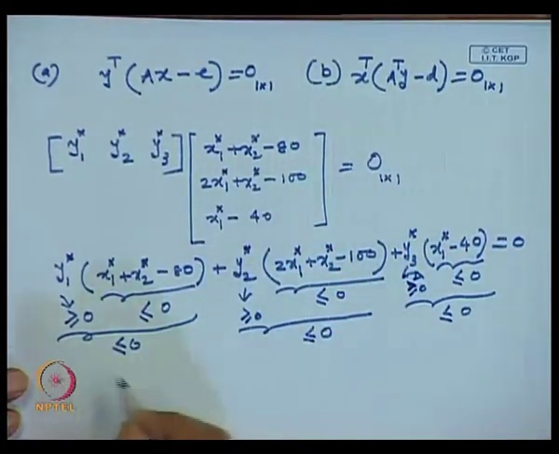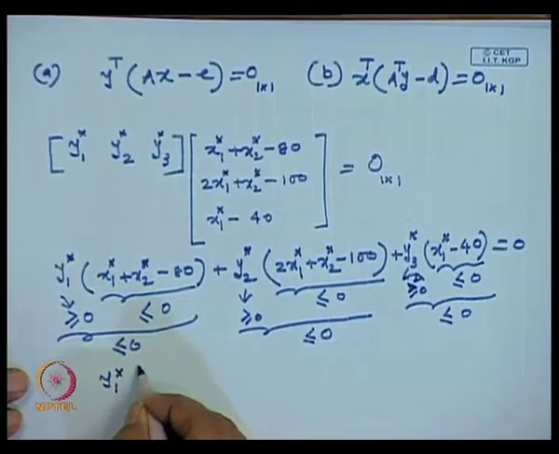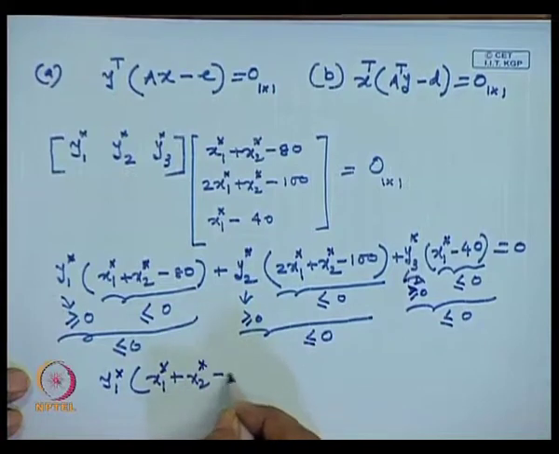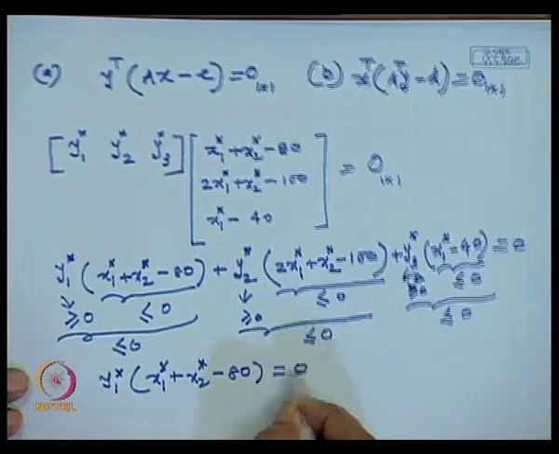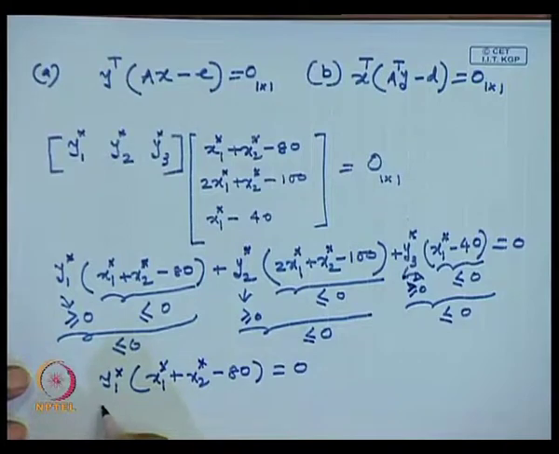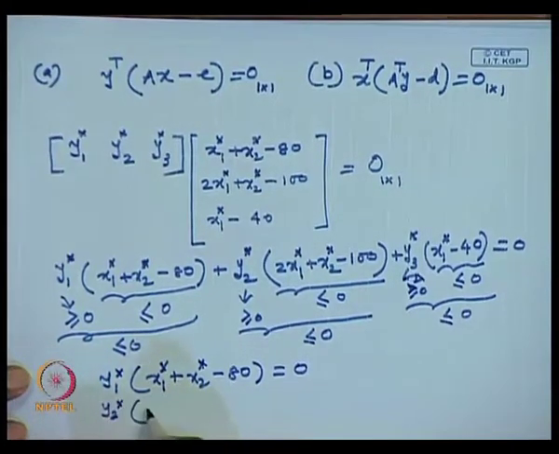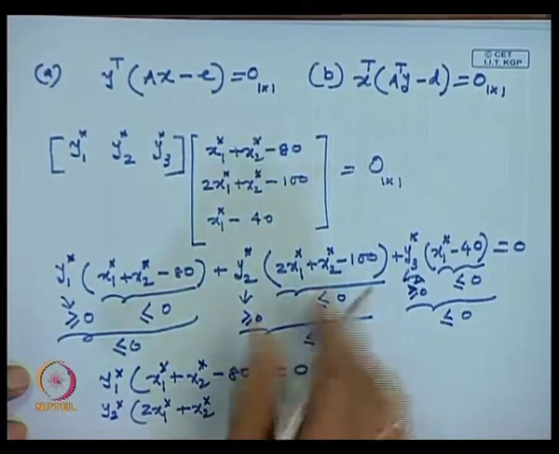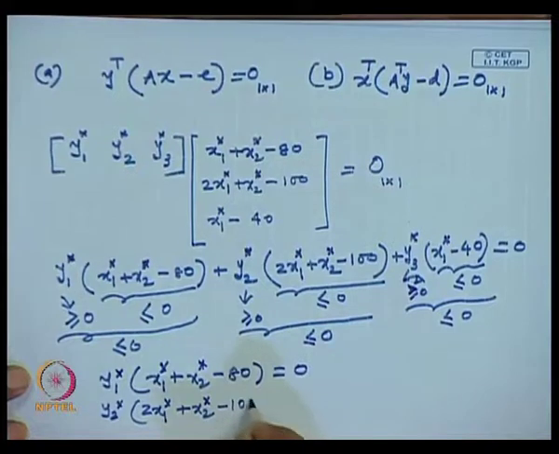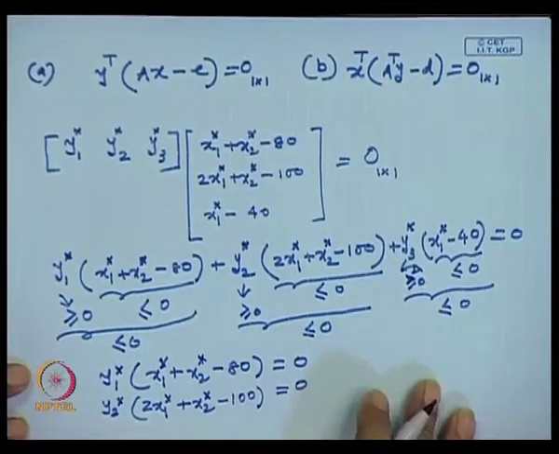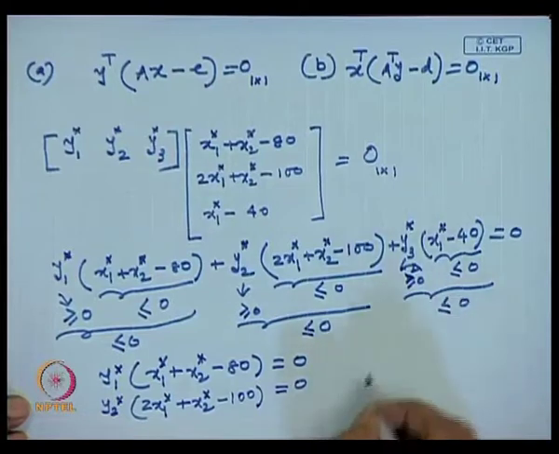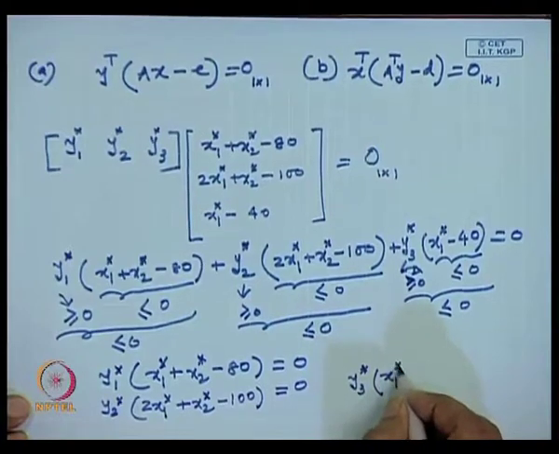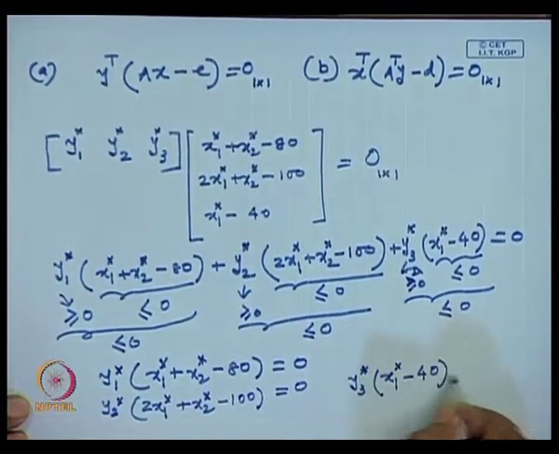So, I can write it, therefore, y 1 star into x 1 star plus x 2 star minus 80 is equal to 0, and then y 2 star into 2 x 1 star plus x 2 star minus 100 is equal to 0, and the last one is y 3 star into x 1 star minus 40 is equal to 0.